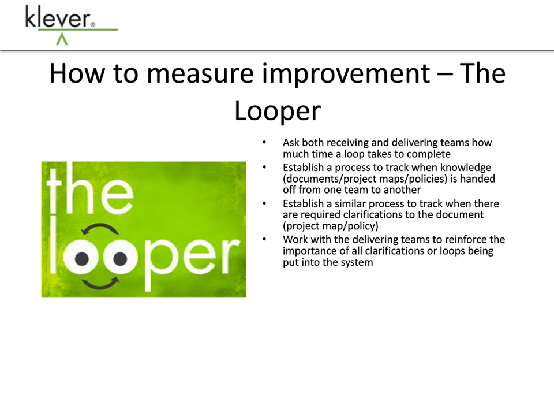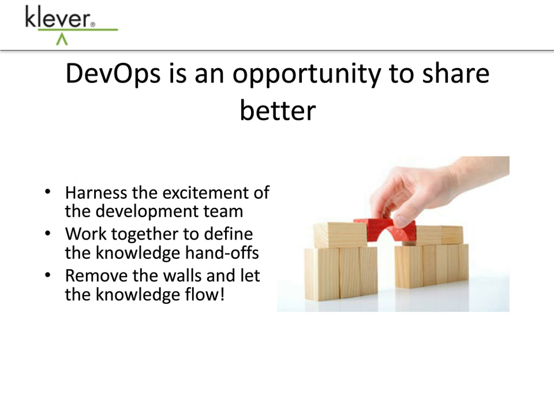So it becomes this really great central feature of the second part of DevOps, because the second part of DevOps is fundamentally creating an opportunity to better share what's coming out of the development organization and into our support organization.